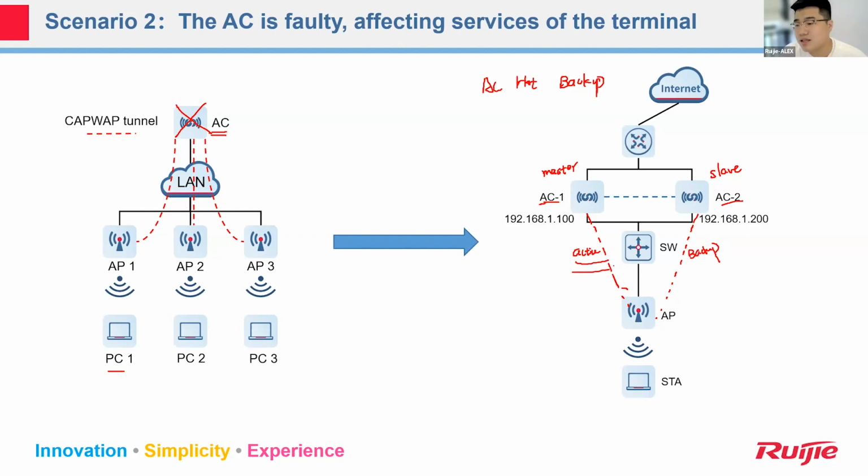And when AC1 is faulty, we will switch to the other AC, AC2. And between AC1 and AC2, they will establish a connection whose function is to keep alive, or in other words, to monitor.